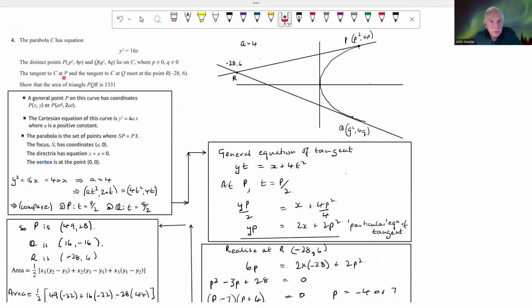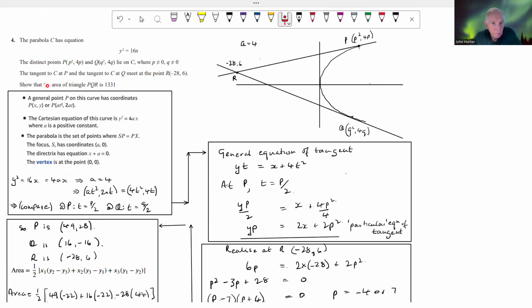The tangent to C at P and the tangent to C at Q meet at this point here. Show that the area of the triangle PQR is 1331. So this is a sketch of what we have. These are the tangents, and they meet at this point here, minus 28, 6.